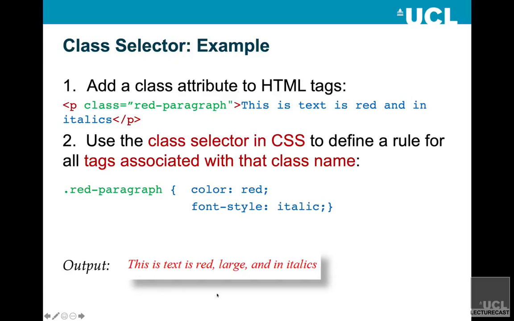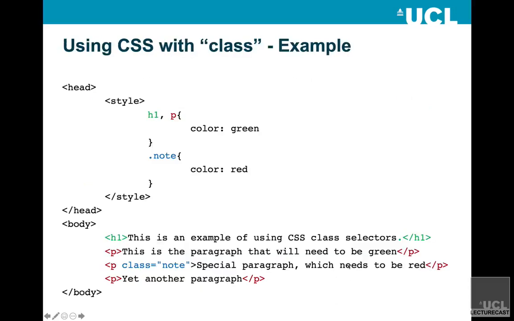So once you have created the attribute within your HTML, and once you have applied it within your CSS, the output will be apparent. So if we have a look at an example of the class selector in full, in this case, we're using an embedded CSS, as you can see, because we are using a style tag within the head section, and then providing the CSS information within the style tag. We can see that we have H1 and P being in color green, and a class selector which is in red.